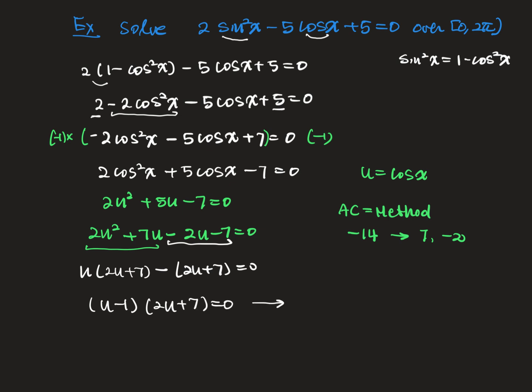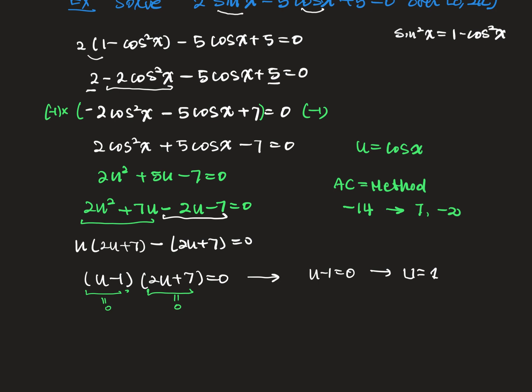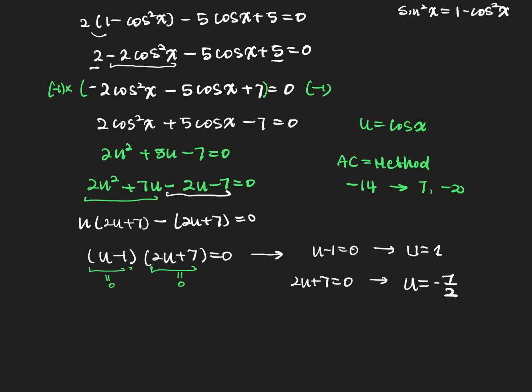So from there, each factor should be 0. I have u minus 1 equals 0, so u equals 1. Second part: 2u plus 7 equals 0, so u equals negative 7 over 2. Oh, that's the trouble here. U is cosine, right?